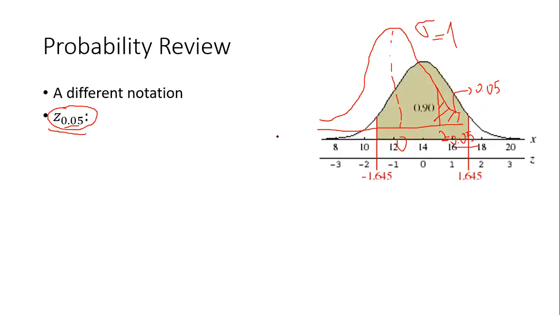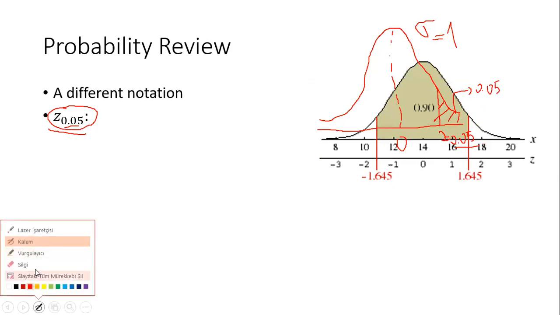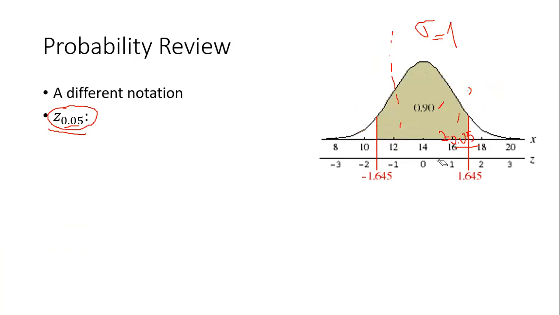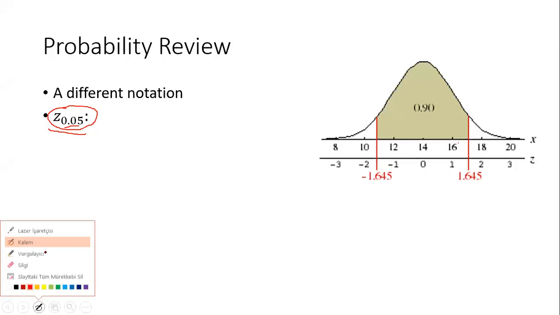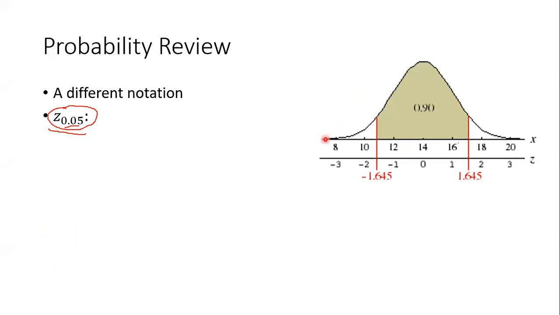So I have a good picture here. Remember, the whole area under this curve was equal to 1. The integration from minus infinity to plus infinity, which corresponds to the total sum of the probabilities, is equal to 1.